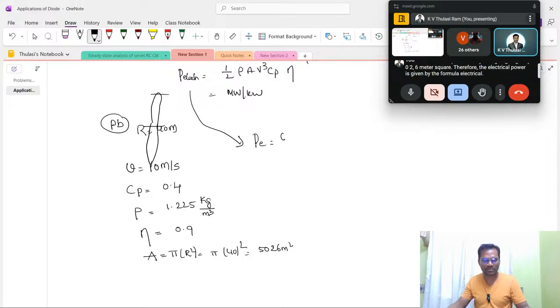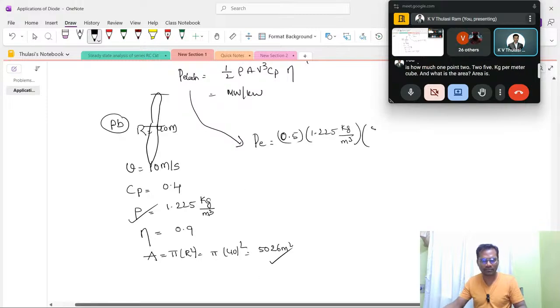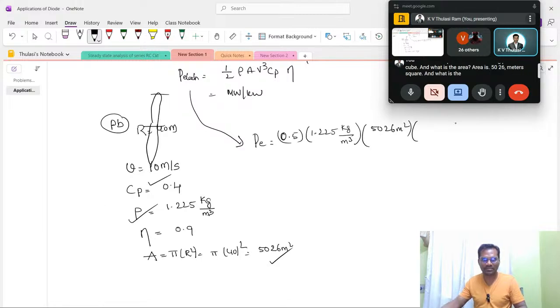Therefore, the electrical power is given by the formula: electrical power is equal to 0.5 into rho value, which is 1.225 kg per meter cube, and the area, which is 5026 meter square, and the velocity cubed, so 10 cube.